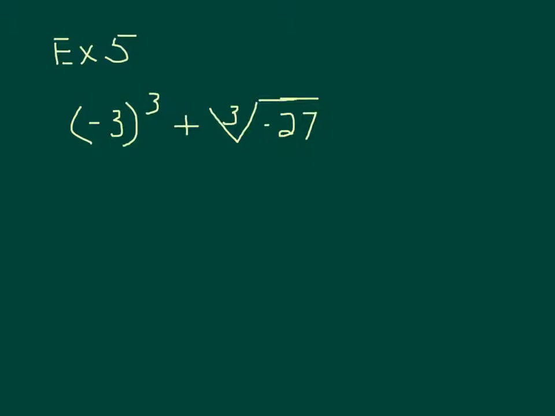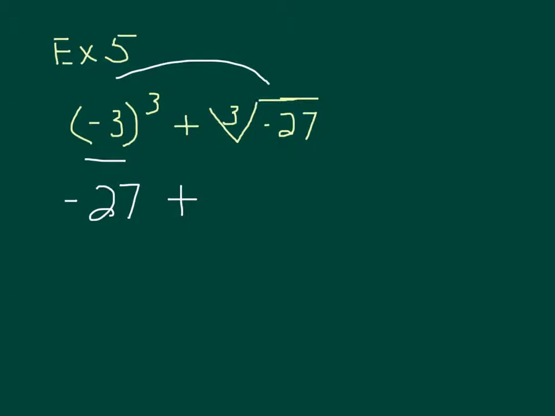Alright, example 5, combination of powers and roots. Now let's take a look at the first part. The numbers in parentheses. Whatever's in parentheses, I'm going to cube it. So I'm going to take a negative 3 times a negative 3 times a negative 3. A negative 3 times a negative 3 is 9. 9 times a negative 3 is a negative 27. Plus, now notice these kind of relate to one another.